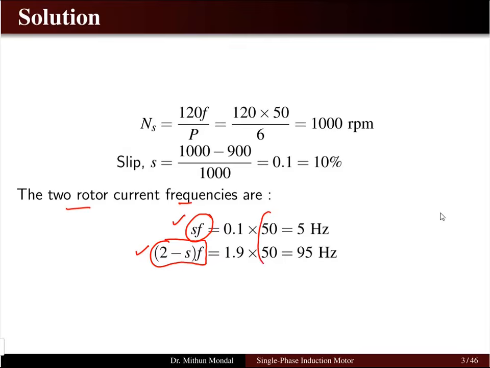Supply frequency is 50 Hz and the slip is 0.1. So we get the rotor current frequencies as slip times the supply frequency and 2 minus slip times the supply frequency, which come to be 5 Hz and 95 Hz. So these are the frequencies of the rotor current due to the forward field and the backward field.